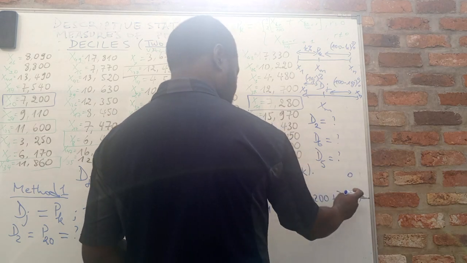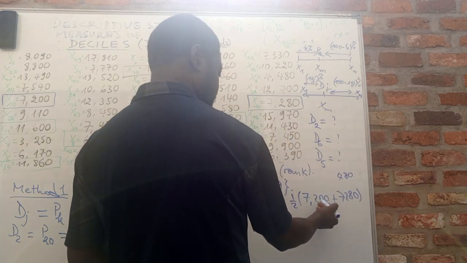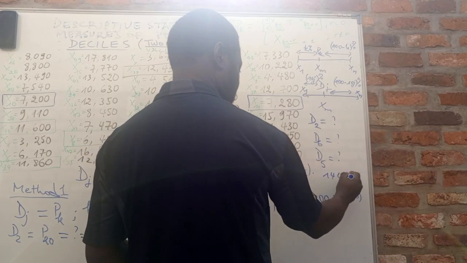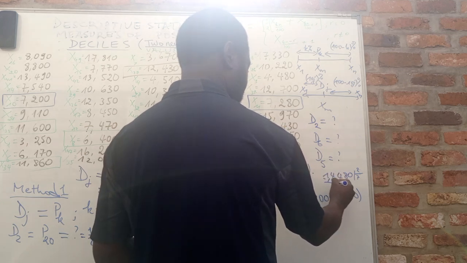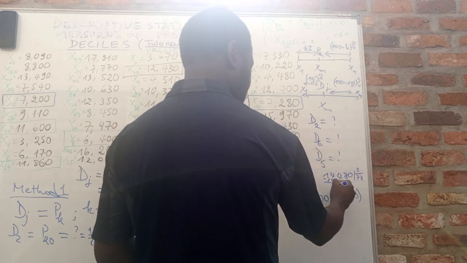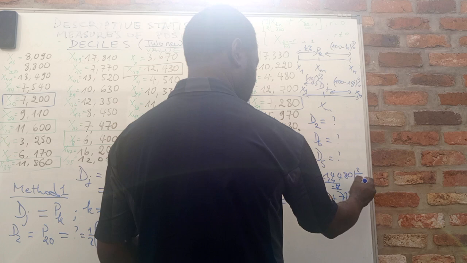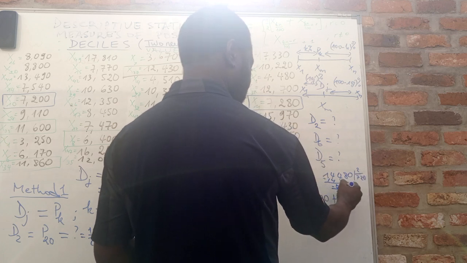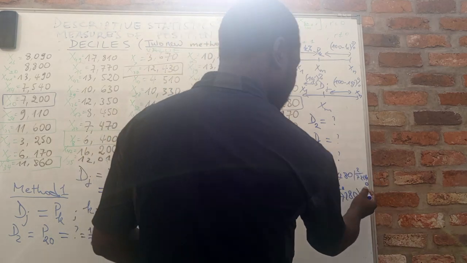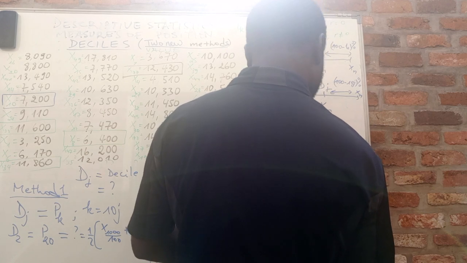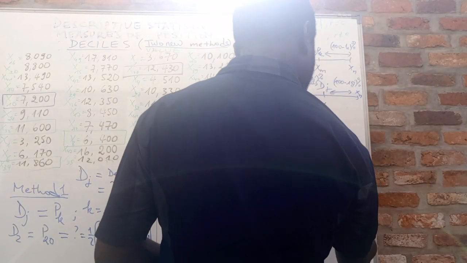0 and 8, and then 4, 2 plus 2 is 4, then 7 plus 7 is 14. We have to divide this by 2, get 7, 14, and then 4, 2, 4. Let me check what it is when I divide by 2.